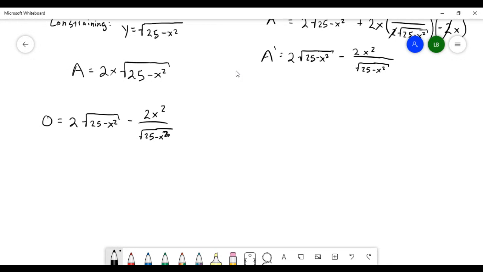Now, if we multiply both sides by the square root of 25 minus x squared, well, 0 times the square root of 25 minus x squared is still 0.